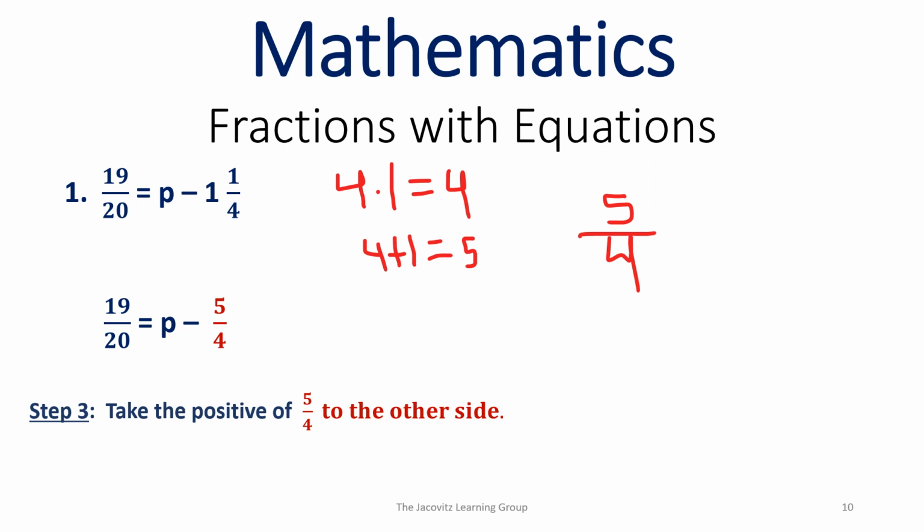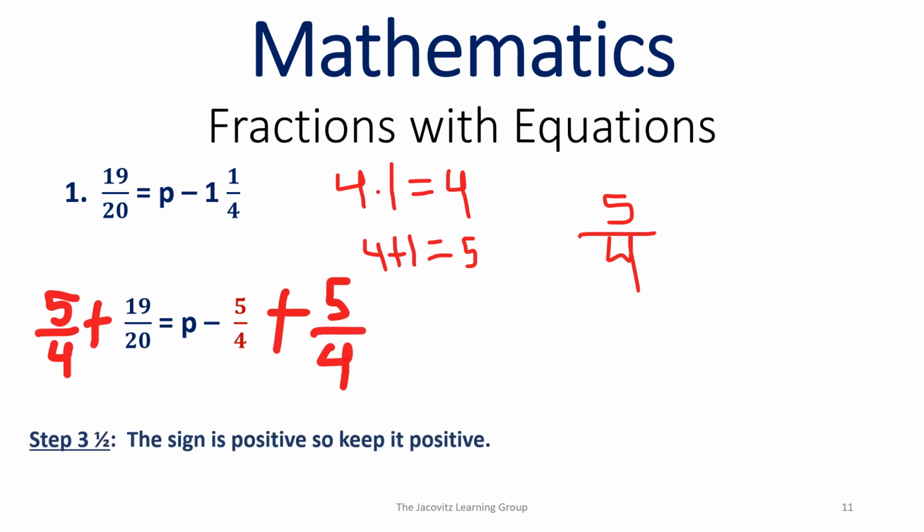Now, you're going to take the positive of this 5/4 to the other side. And why are you taking the positive over here? Because this is negative. So since you're adding or subtracting, you're going to take positive 5/4 to both sides. So I have it on this side and this side.